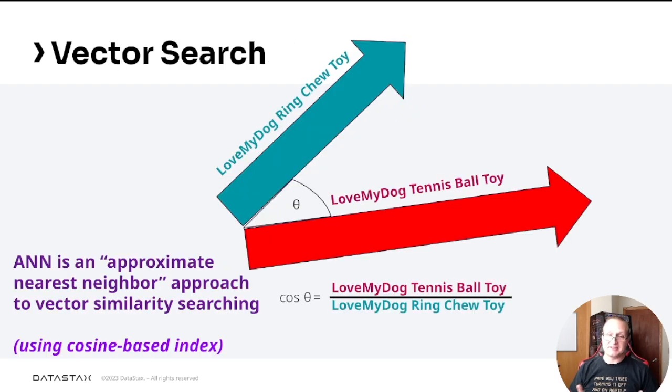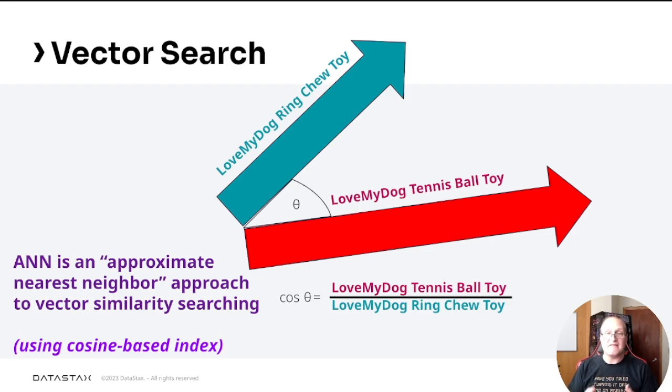For a quick example, let's say that we have a website for a pet supply company. One of the products we might have is a Love My Dog ring chew toy. And another product we might have would be a Love My Dog tennis ball toy. So if we were to take those product names and create embeddings from them, let's say that we had just a simple two-dimensional vector come back.